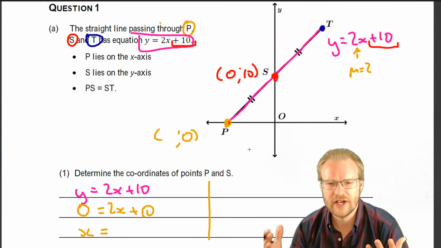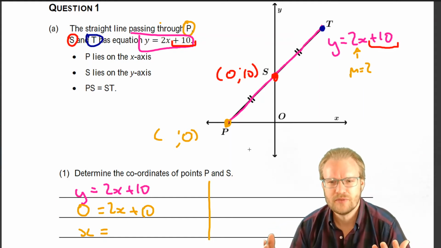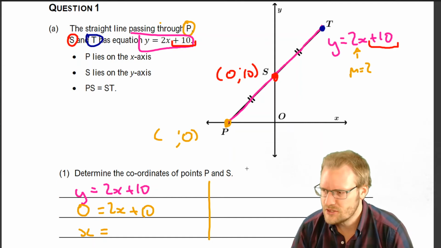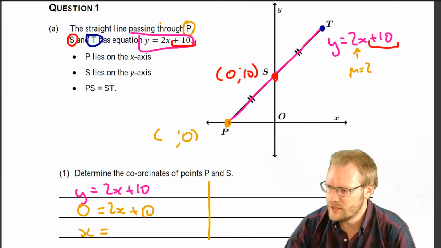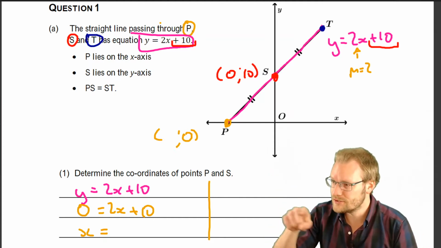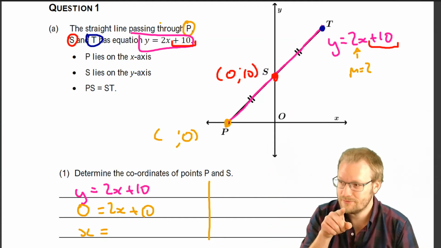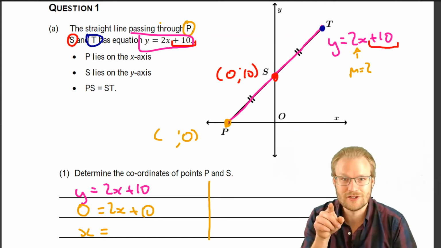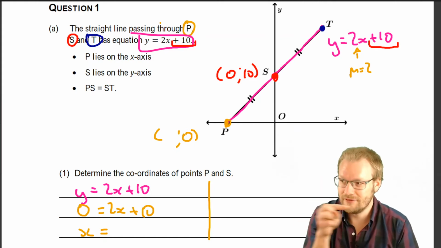How do you define gradient? I think of gradient as rise over run: how far we're rising over how far along we go.